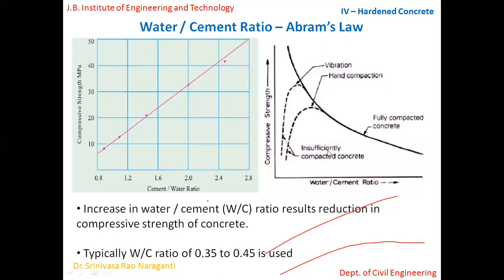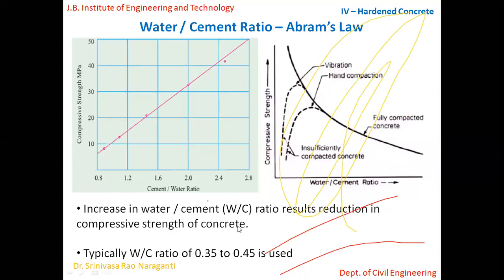Similarly, if you are using machine compaction, using vibrators for compacting the concrete, and it is not very well compacted, initially with increase in water cement ratio you will see a little bit of increase in the compressive strength. But then again, with increase in the water cement ratio, the compressive strength goes down.